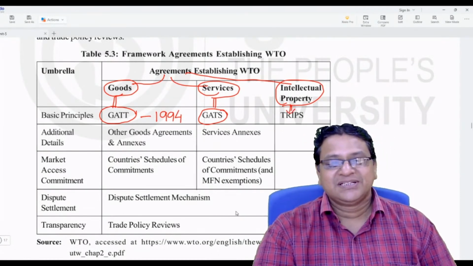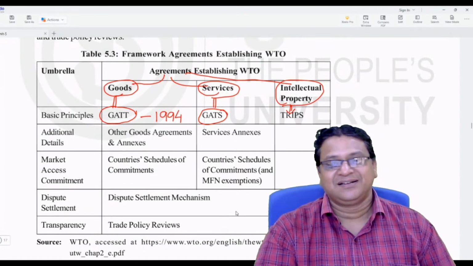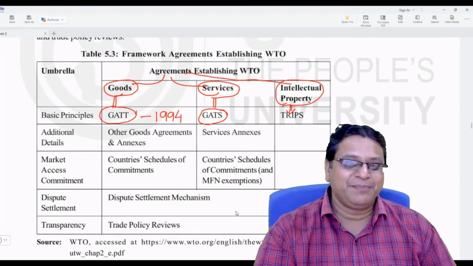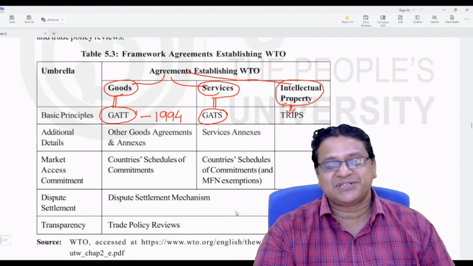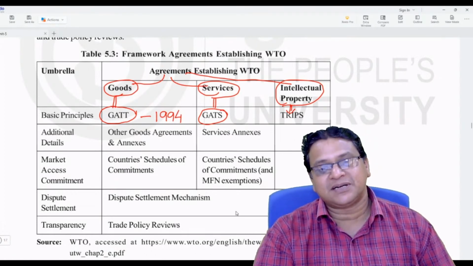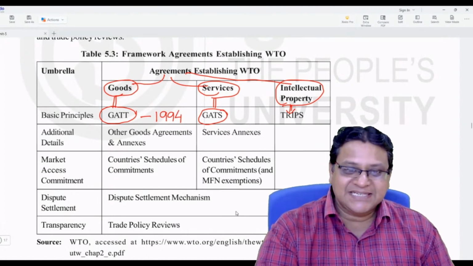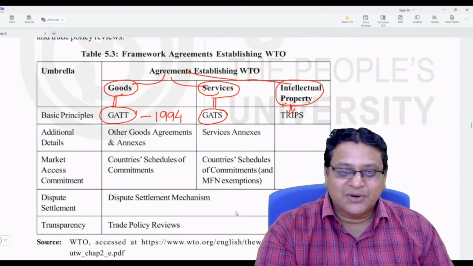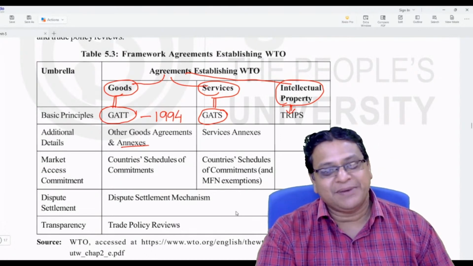So these are the three major agreements under WTO: GATT, GATS, TRIPS. GATT means rules related to goods, GATS means rules related to services, and TRIPS means rules related to intellectual property rights.